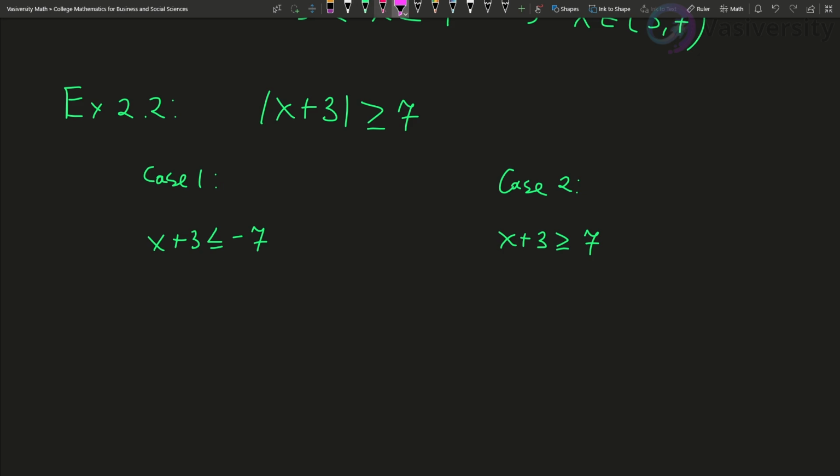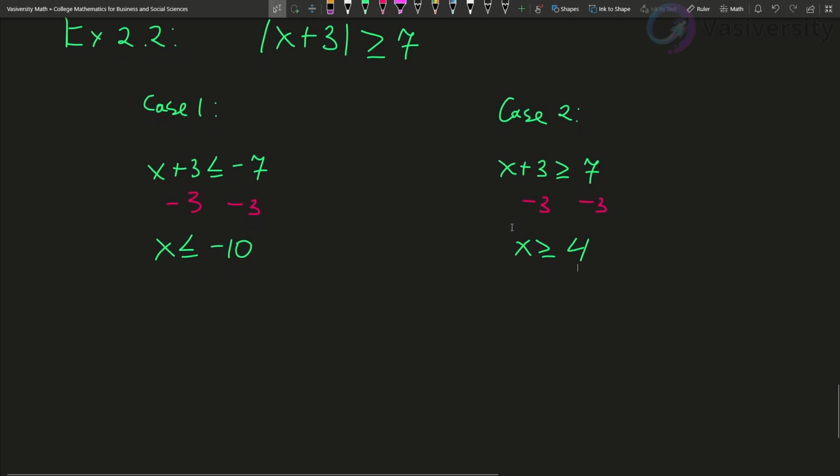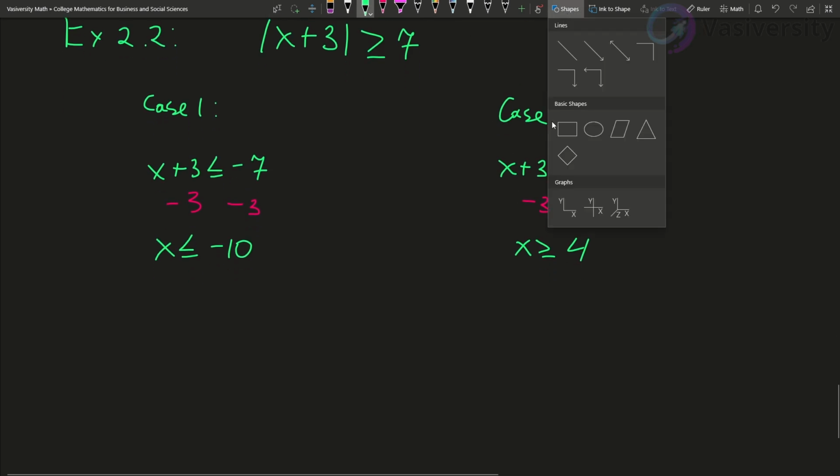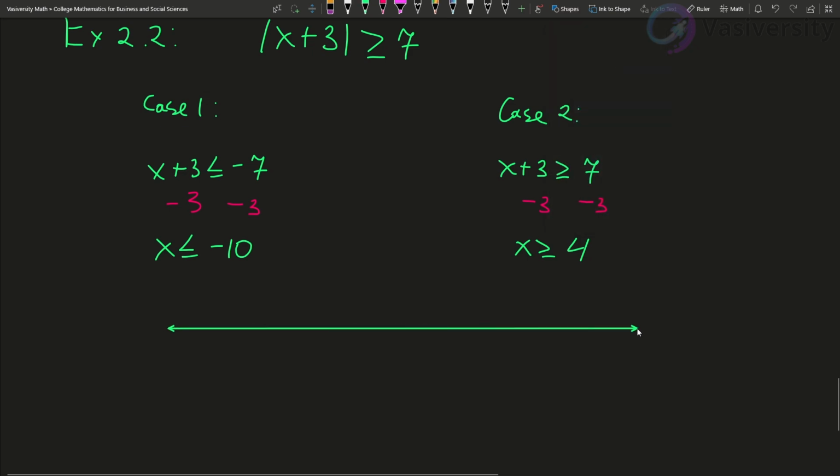Okay, so let's solve the left inequality, case number 1. We're going to subtract 3 from both sides, and we have x is less than or equal to negative 7 minus 3, that's negative 10. In the other case, we once again subtract 3 from both sides, but this time we have x is greater than or equal to 7 minus 3, that is 4. Okay, and on a number line, the solution to this inequality would be slightly different than the rest of them.